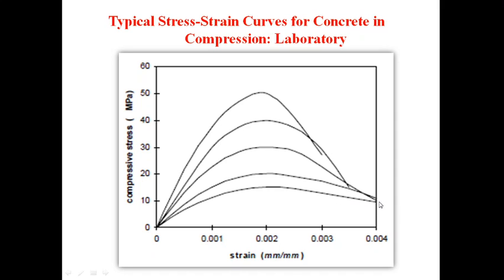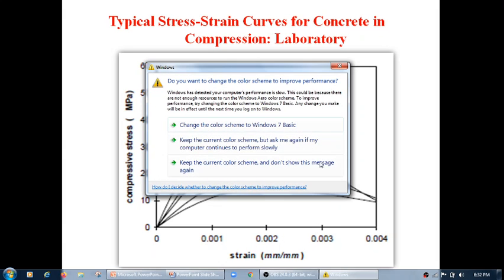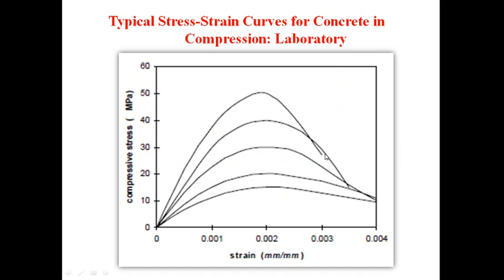We can see from this laboratory stress strain curve, obtained by conducting experiments on concrete cylinders, that for various grades of concrete, from lower grade to higher grade, the peak, that is the maximum stress, is almost indicated at a compressive strain of 0.002 for almost all the grades. And then at the end of the curve it indicates the failure strain.